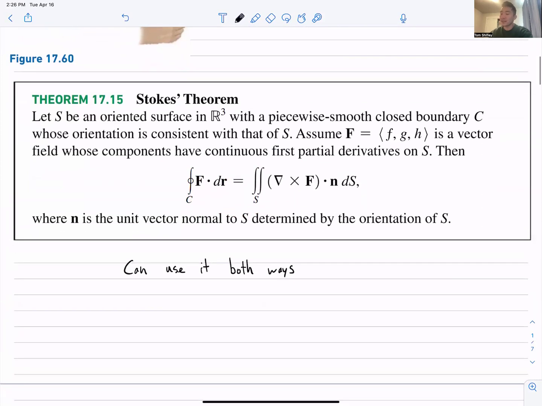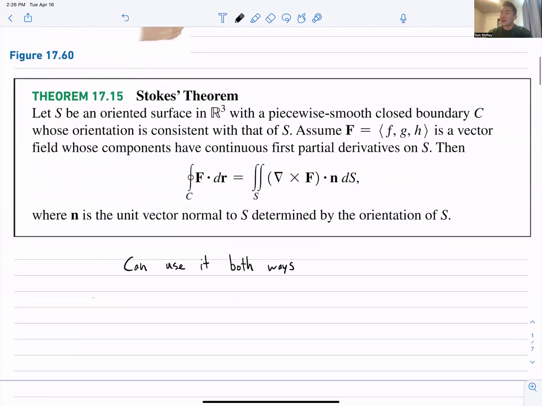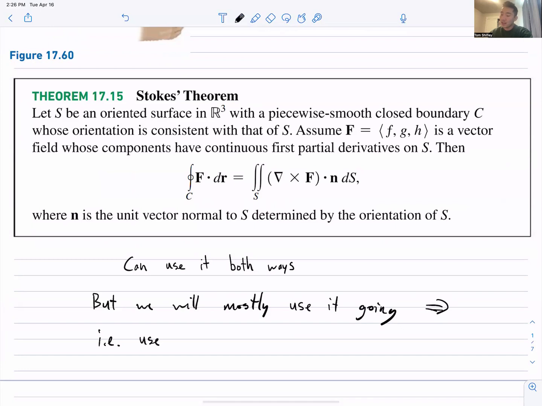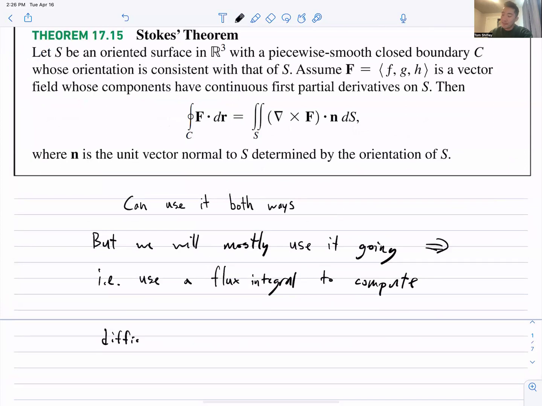You can use it both ways, but because we just don't have a lot of time, we will mostly use it going this way, i.e., use a flux integral to compute difficult line integrals. Although you can do it the other way.